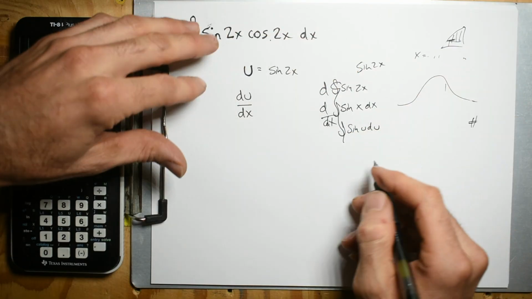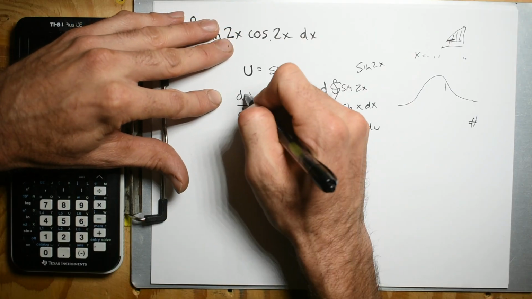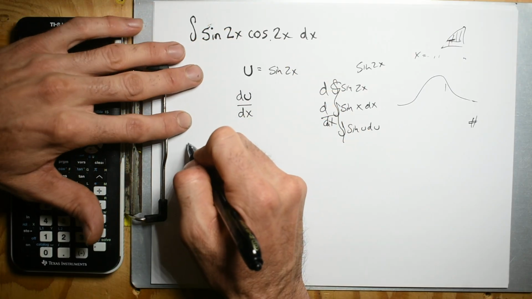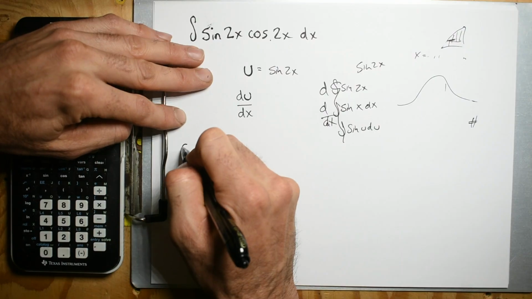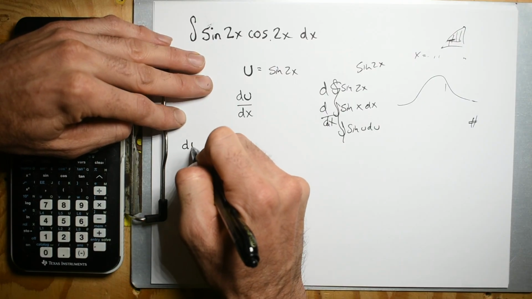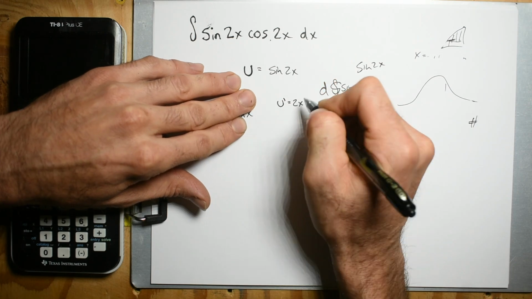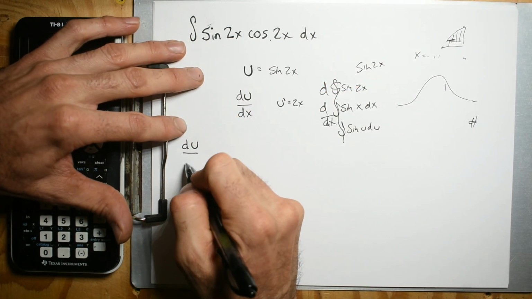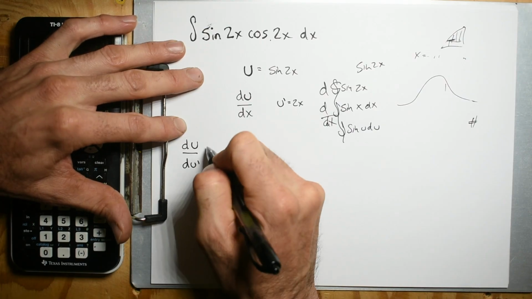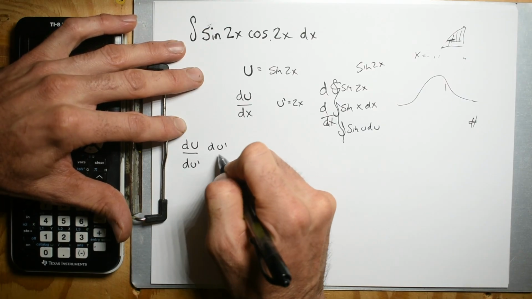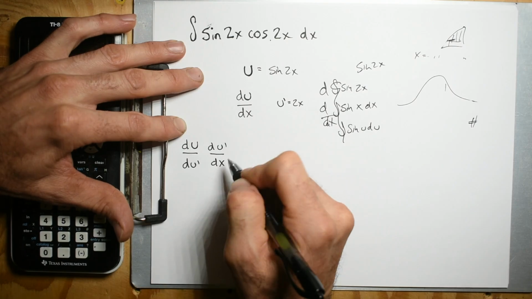So this is where you have to use that u substitution. And we're going to use it twice, so we're going to say this. We're going to say u prime is 2x. So I'm going to take the derivative of u with respect to u prime, and then the derivative of u prime with respect to x.